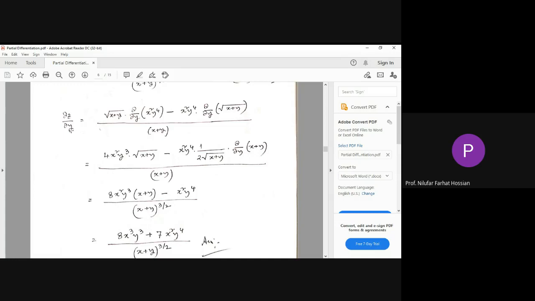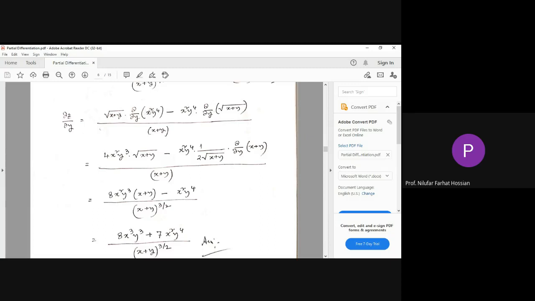It is with respect to y. So del y of x square y to the power 4 minus the upper part. This was the upper part into del y of the lower part, root over x plus y.